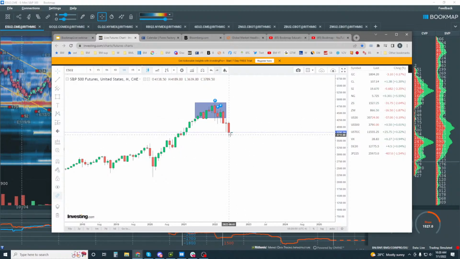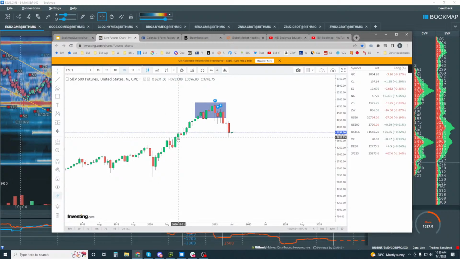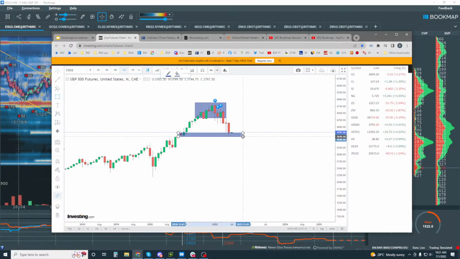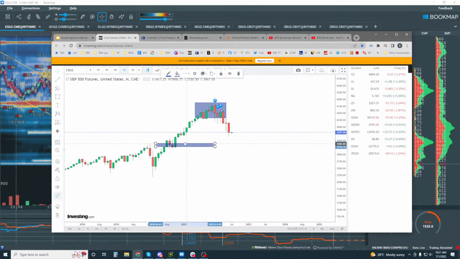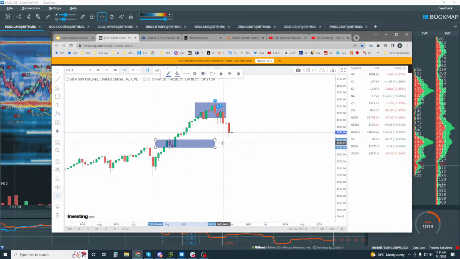Where is it going? Well, we look for previous value areas or previous moves in the chart. So this little area in here makes sense that we're kind of testing it here. But let's move on from that one. Where else? I'd be looking for the move maybe back down into this area here on the monthly.